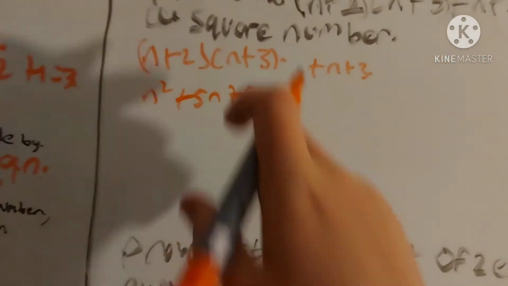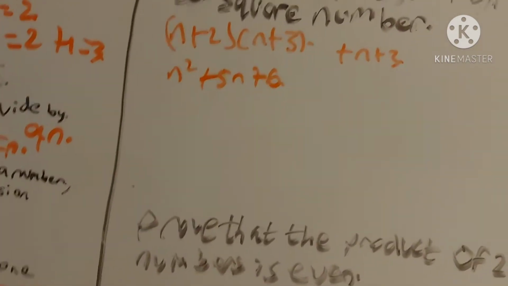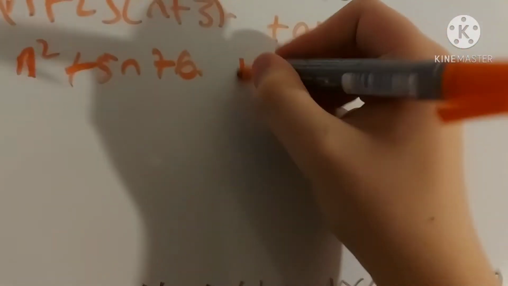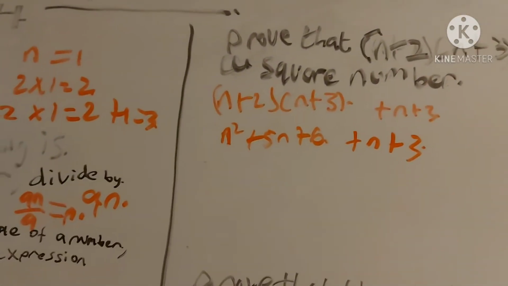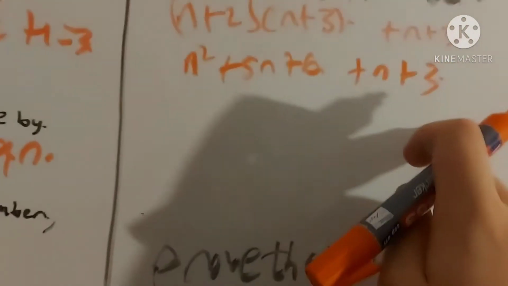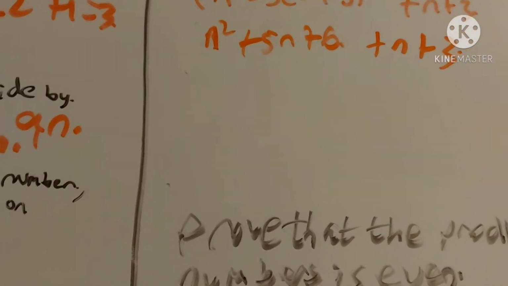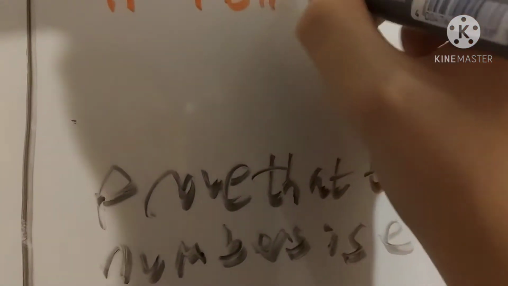And then, don't forget, I've still got this plus n plus 3. Now, when I add these together, we're going to get n squared plus 6n plus 9.